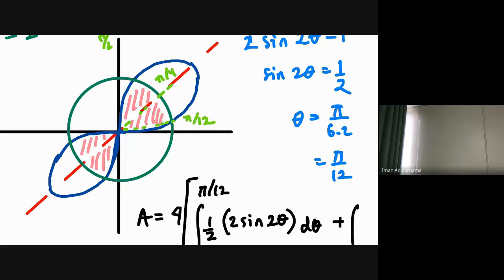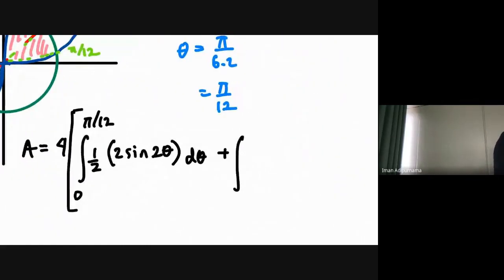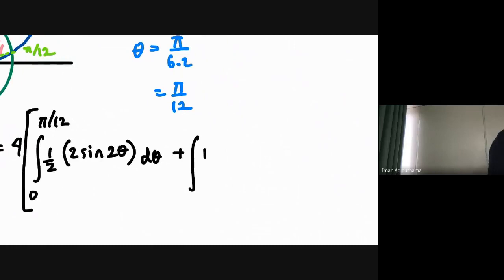So this really small part here is the lemniscate, and the pizza part here is the circle. Got it? So you need to add this lemniscate and the circle. And then it's just 1 squared d theta, from pi over 12 until pi over 4.